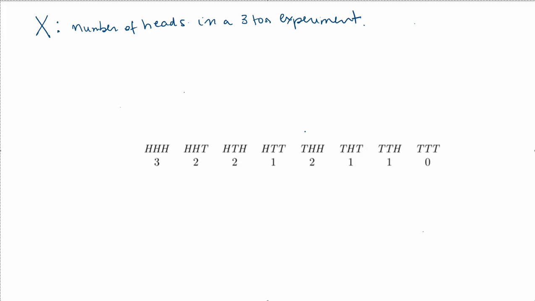Why is it that we call this letter a variable? Well, because this letter can assume different values, right? So this variable can assume 0 if no heads turn up. This variable can assume 1 if just 1 heads turns up, either this way or this way.